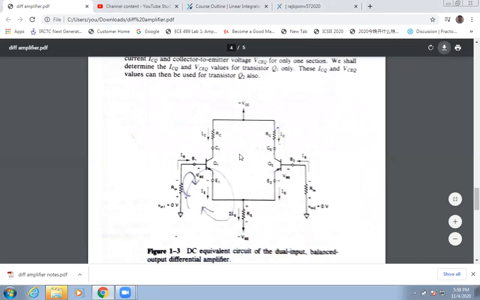In this circuit, we have replaced Vin1 by a ground, because we have to put Vin1 equal to 0 volt and similarly Vin2 equal to 0 volt. Now we will apply KVL to the loop.